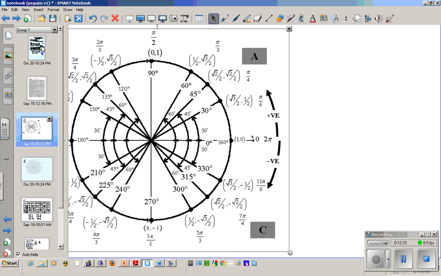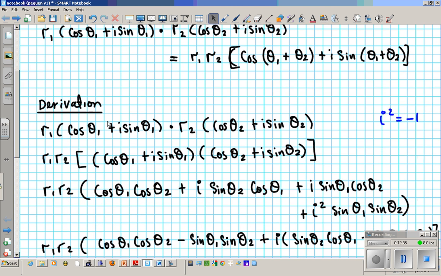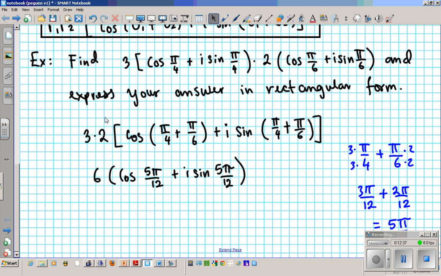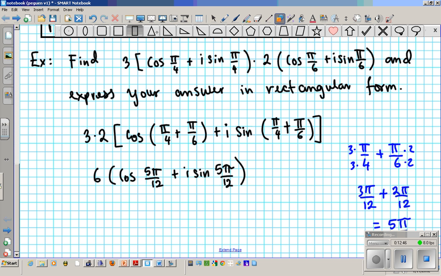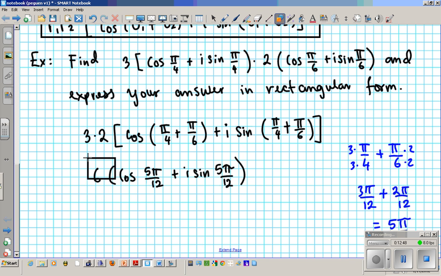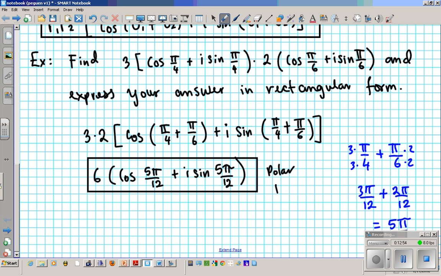So, let's see. Back to the original question. So this is our answer in polar form. But the question asks for the answer in rectangular form.